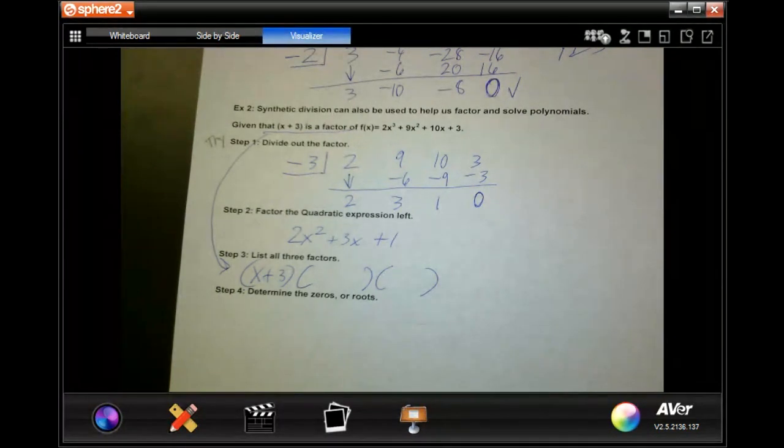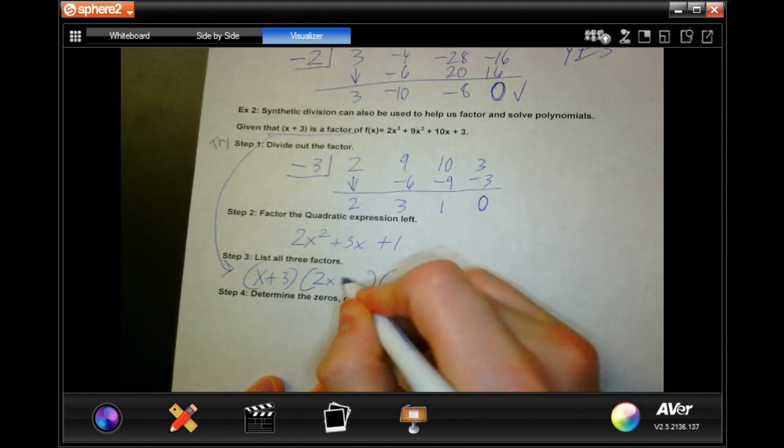x plus 3 is 1. Factor out 2x squared plus 3x plus 1. What do you got? Some fast factors in here. There's going to be a 2, Sid. Yeah, be careful. There's definitely going to be a 2. Yeah, we're going to have 2x plus 1.